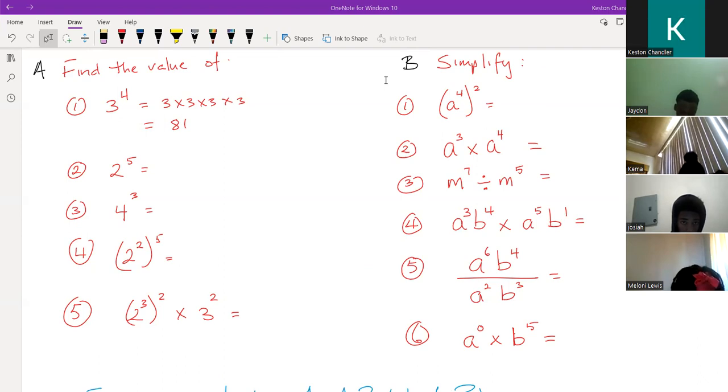When you finish, just type in the chat one, finish or done. So I know you finished working, and then we'll look at the solutions before we move on to the next part.